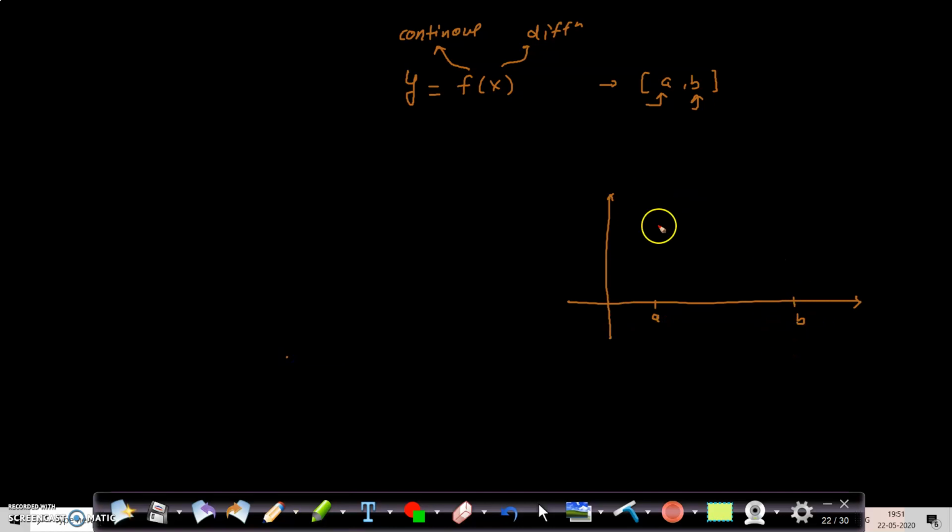So now try to understand on A. Suppose on A, that means what? In this function, we are putting the endpoints, the starting point and the end point.